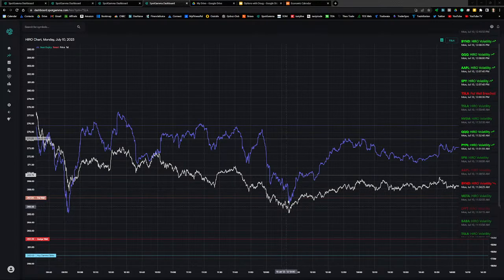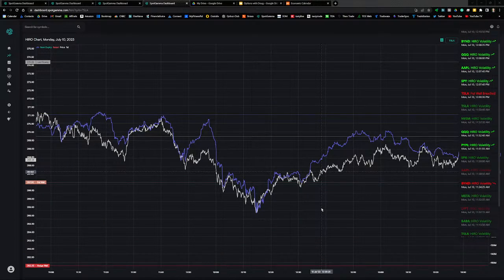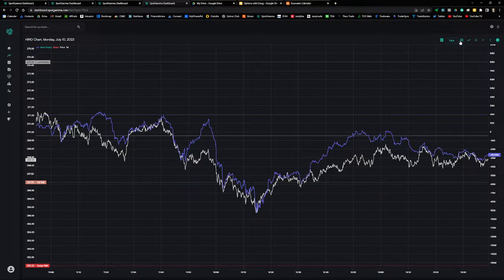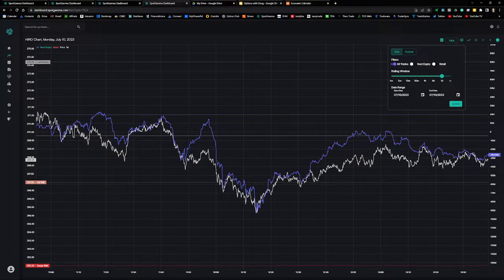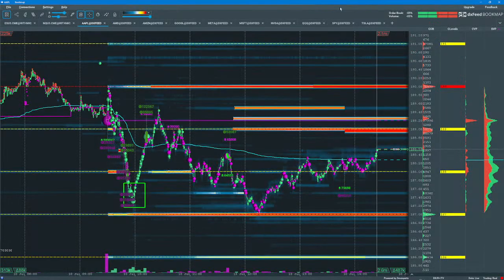We know after the put wall breach, options traders continue to take negative delta positions. And let's just see if we get any more clarity from puts and calls. Let's go back to the total signal. We're looking around 12:15. Go back to Tesla.